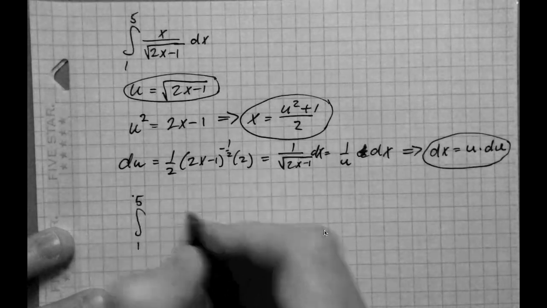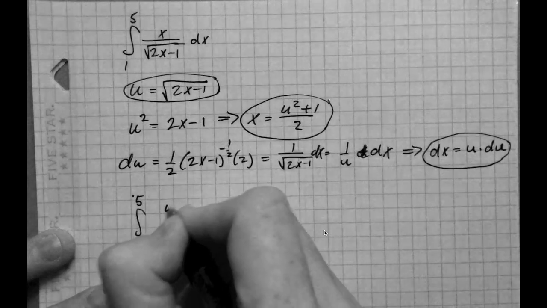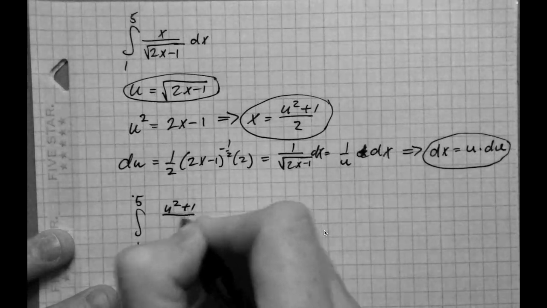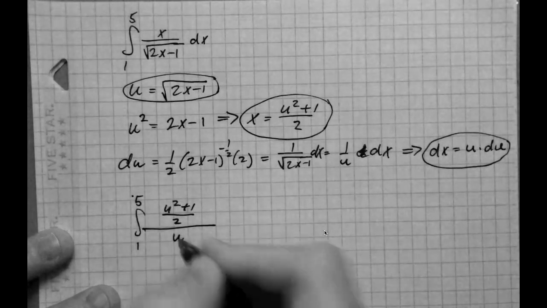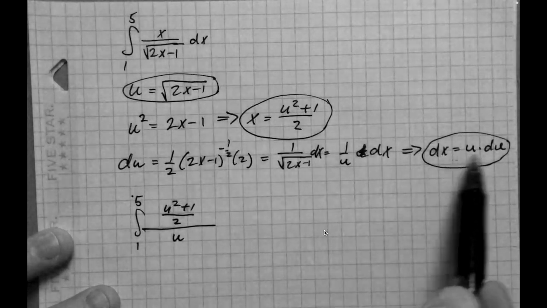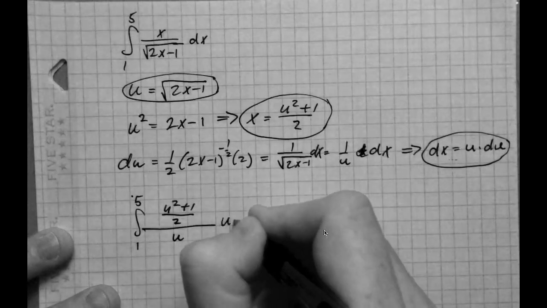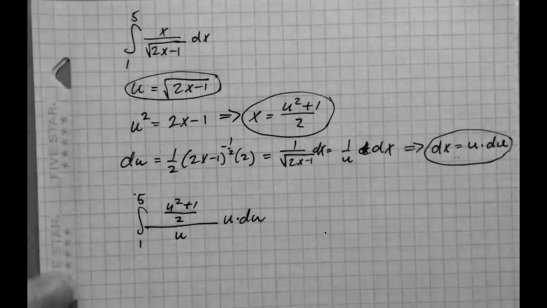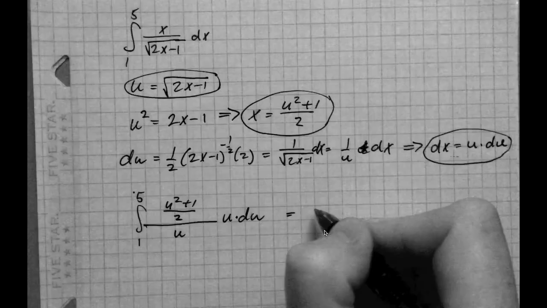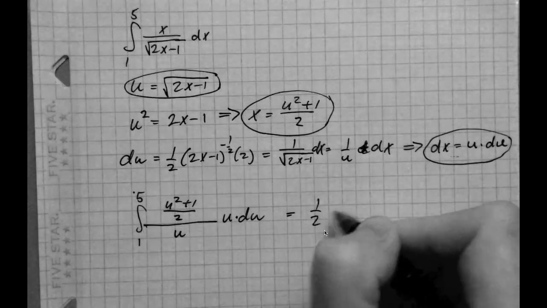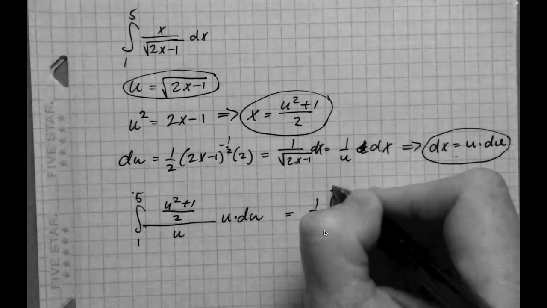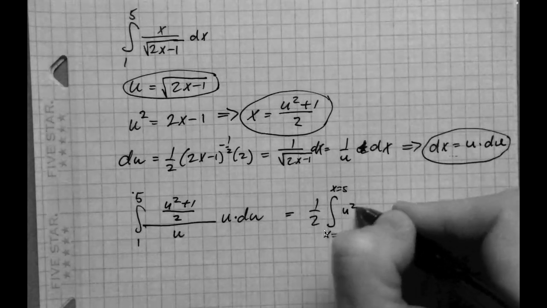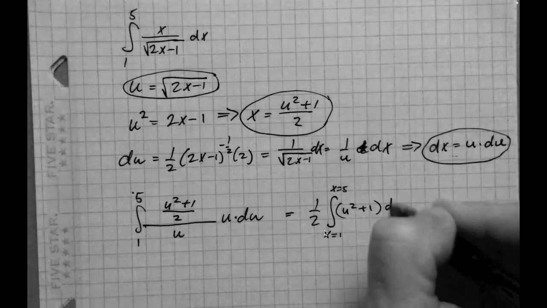So the x is (u squared plus 1) over 2, and the denominator here is just u, and then the dx is u times du. All of this simplified down greatly into 1/2 times the integral from x equals 1 to x equals 5 of u squared plus 1 du.